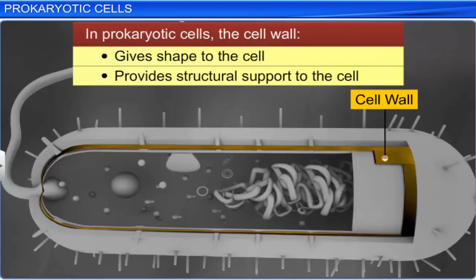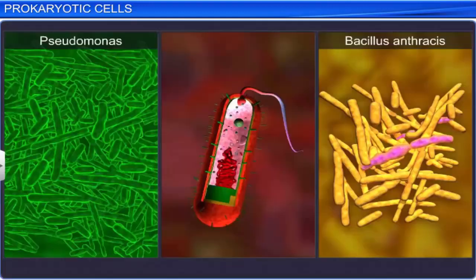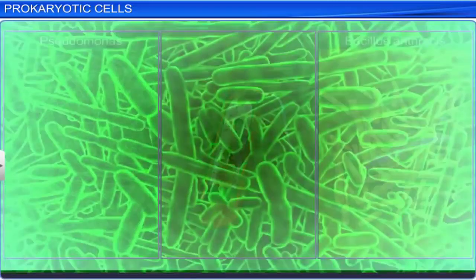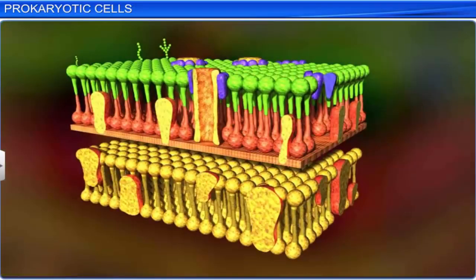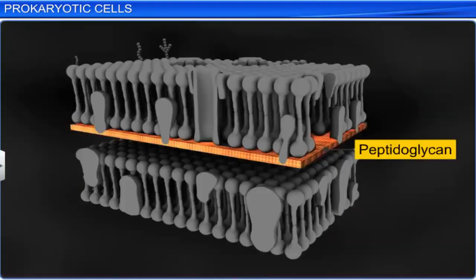Interestingly, the cell wall structure differs in different prokaryotes. In certain prokaryotes, such as Pseudomonas, the cell wall is composed of a thin inner layer of peptidoglycan, and an outer membrane of lipopolysaccharide and lipoprotein.